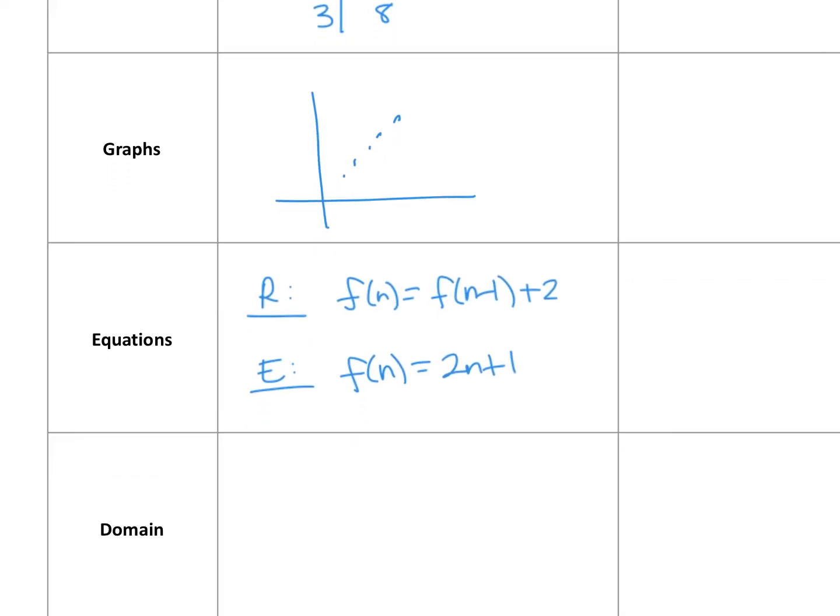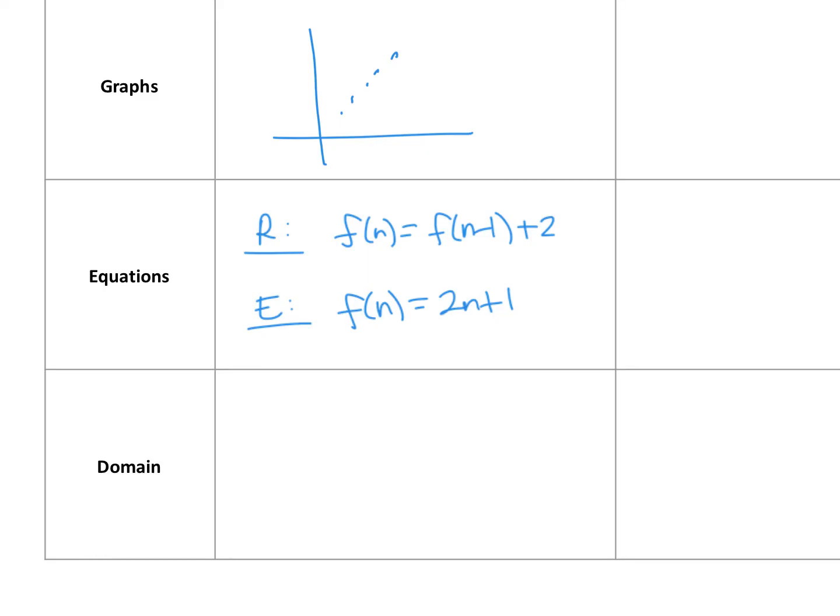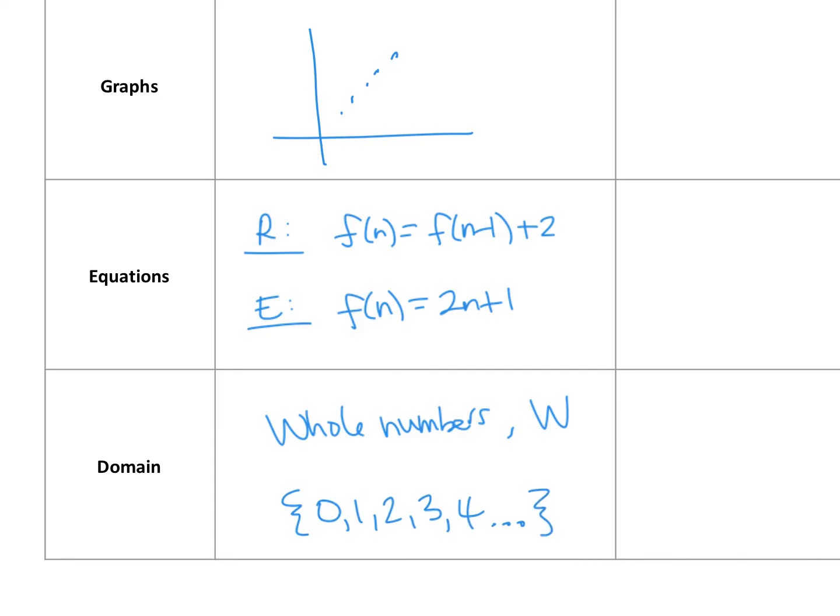And then the way we would see this in a domain would be something like whole numbers, which would be capital W and would look something like this. It would be curly brackets, 0, 1, 2, 3, 4, and I would do a dot, dot, dot just to show that it goes forever and close my curly bracket. So those are all different ways we can see discrete functions.